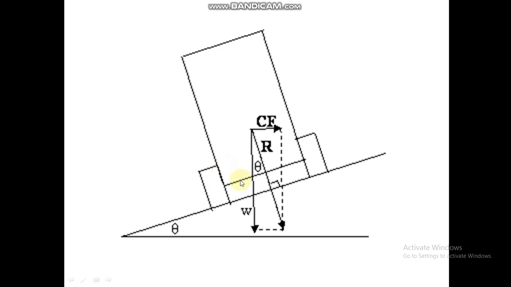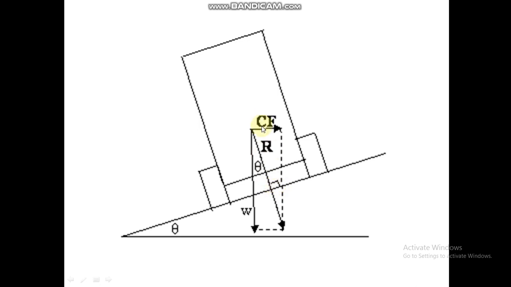Now, for example, consider a case when the centrifugal force and weight of the vehicle act from the center of gravity, and the resultant of these two forces is perpendicular to the road surface. Now see this angle. This is a 90-degree angle.